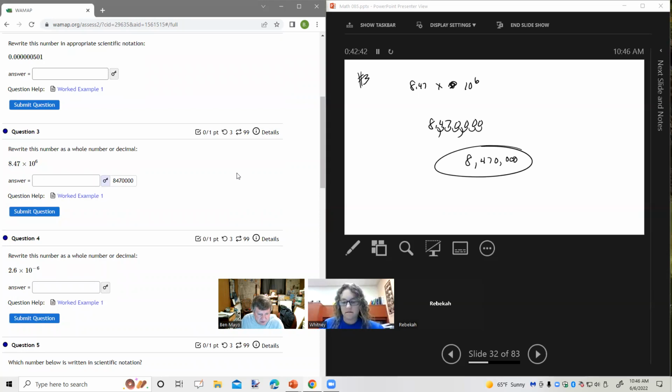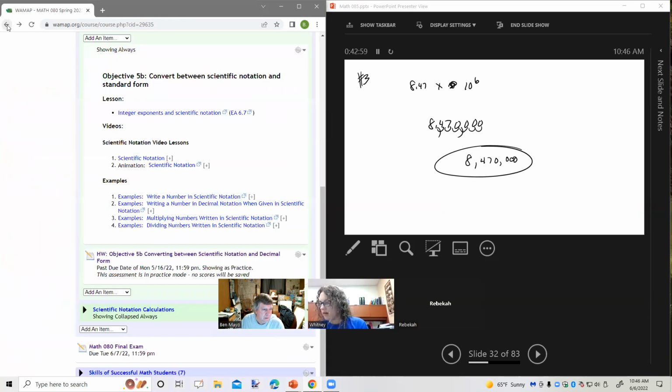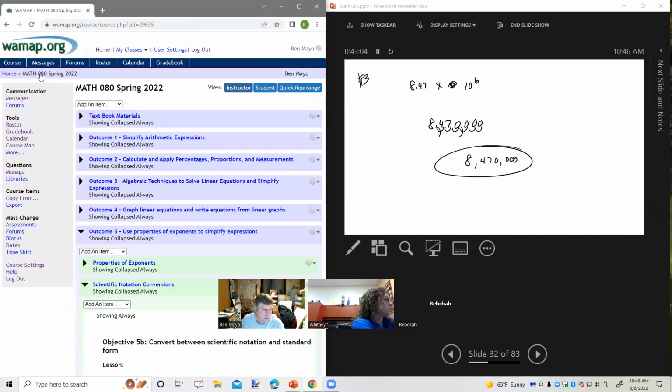Whitney, did you need more of this standard notation stuff? Okay. Either one of you, we're here for you. On outcome 2, there's a chart, and then they tell you to find the budgeting.